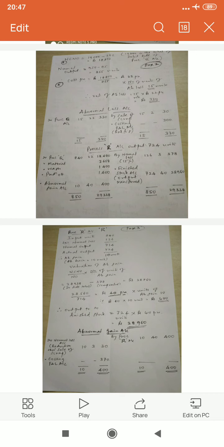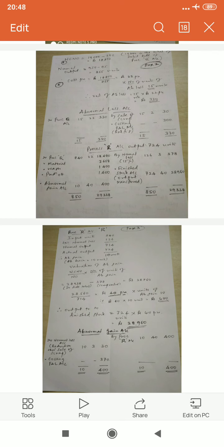Then you sum up the debit side of process R account. It works out to 29,338. Now, ultimately from this process R, the half-baked product would be transferred to the finished stock account. In the problem it is specifically given that 724 units were transferred to finished stock. At what rate should it be calculated?